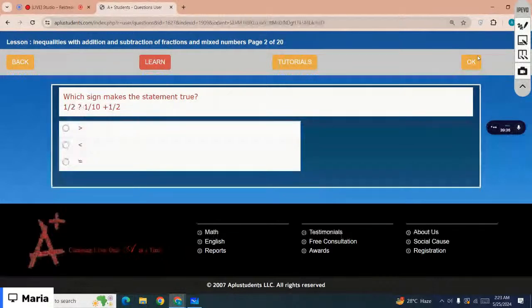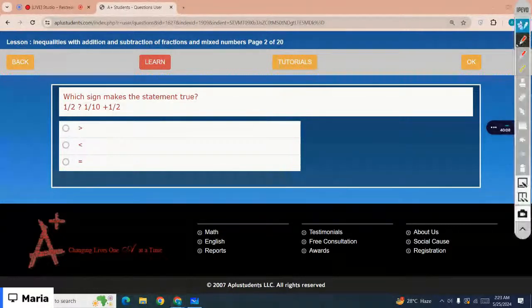Okay, the next one is 1 over 2. You have to compare it to 1 by 10 plus 1 by 2, right? So you have to add the side where you are given more than one fraction.